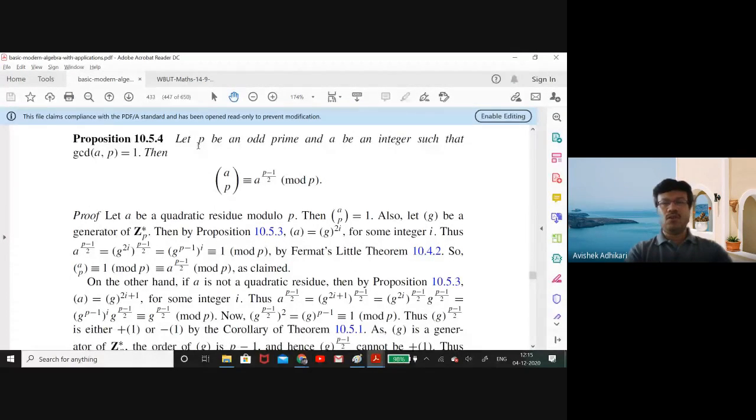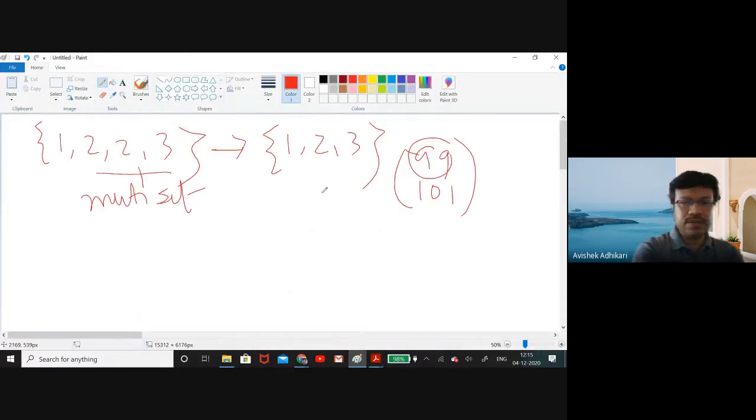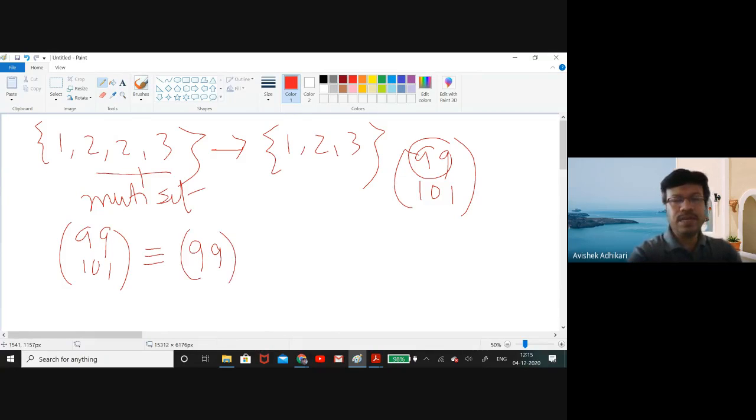Let P be an odd prime and a be an integer such that GCD(a, P) = 1. That means, as I mentioned, to have the Legendre symbol, GCD(a, P) has to be 1 and P has to be an odd prime. That's for the definition. The formula says that (a/P) is congruent to a to the power (P-1)/2 modulo P. If this is the correct formula, then (99/101) should be 99 to the power (101-1)/2 modulo 101.